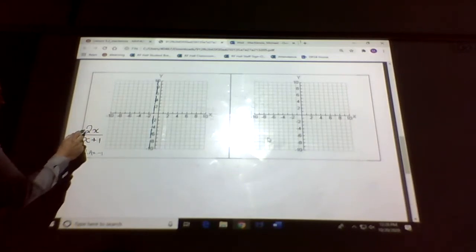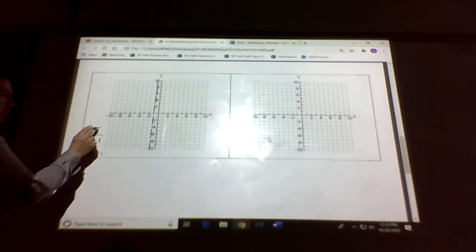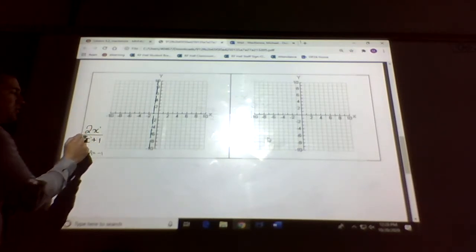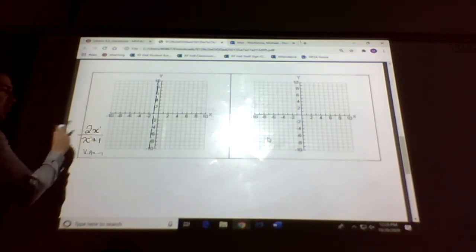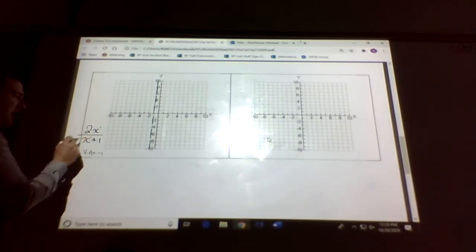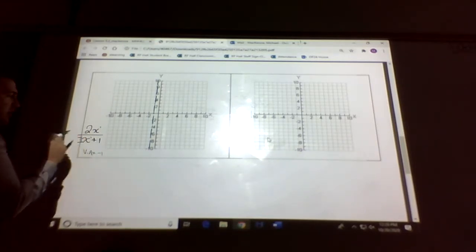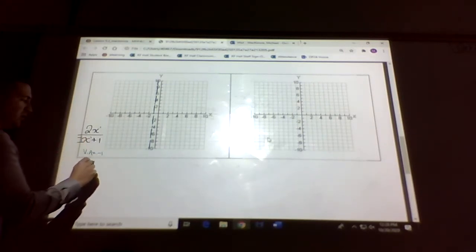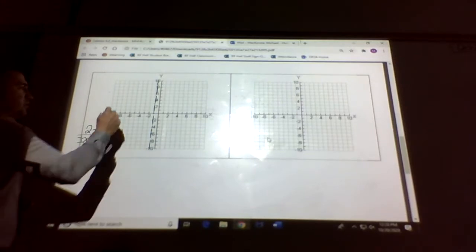Since the degree here is 1 and the degree here is 1, this one is less than or equal to this one. So we can take the leading coefficients and divide them. So 2, and this would have a 1 in front of the x in the denominator. 2 divided by 1 is 2, so my horizontal asymptote is at 2.